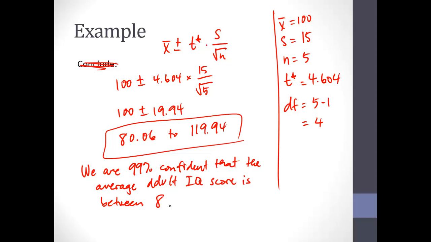So it's between 80.06 and 119.94. Same interpretation as before: we are blank percent confident that whatever mean we're looking at lies in that interval.